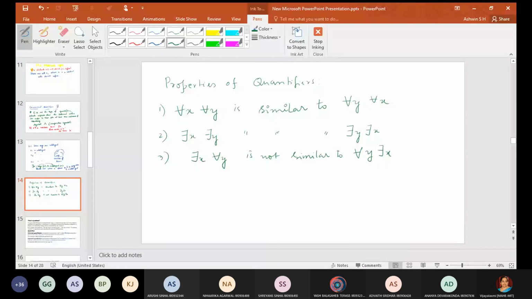These are the three properties which you must remember. If you represent it in this way, it is fine. You can represent it like this. Even if you are representing this quantifier, this is also fine. Okay, then I will stop.